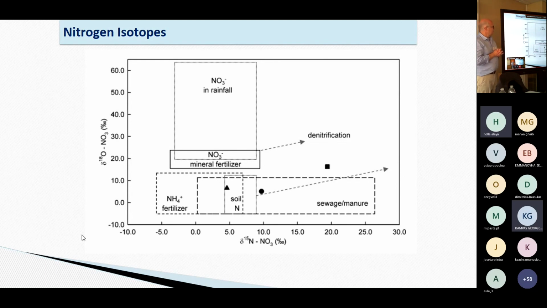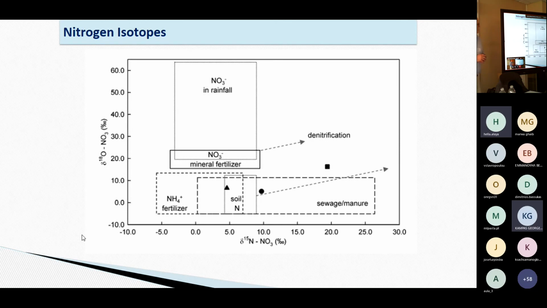It was published in Nature, and she took samples from many agricultural fields and from different sources of nitrates. For example, manure, mineral fertilizer of different production, from natural organic material, and you can also use sewage, human sewage, or manure, compare this.